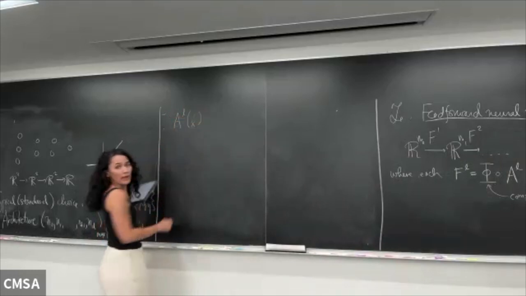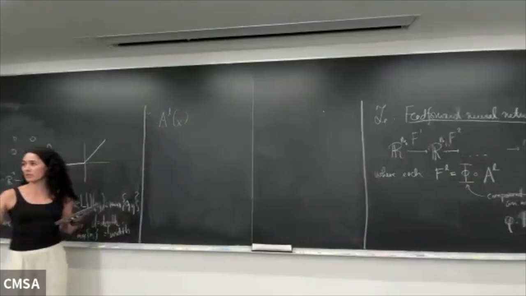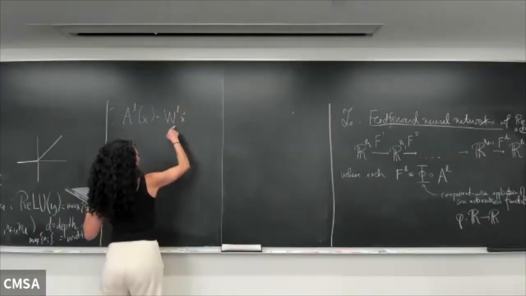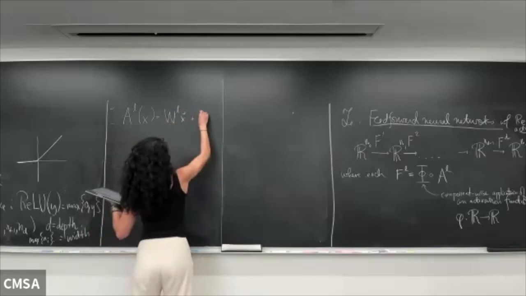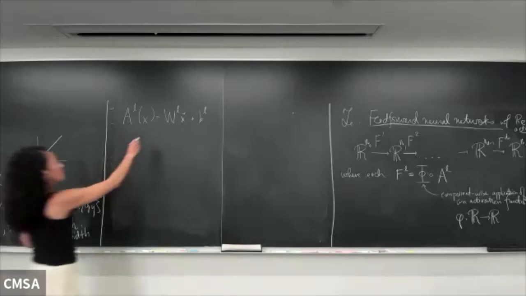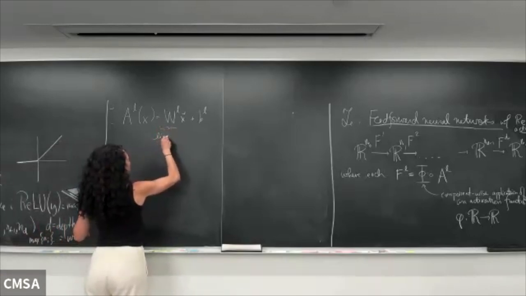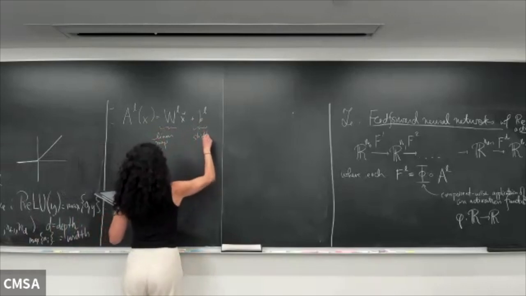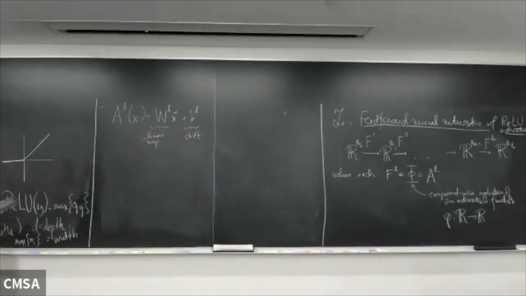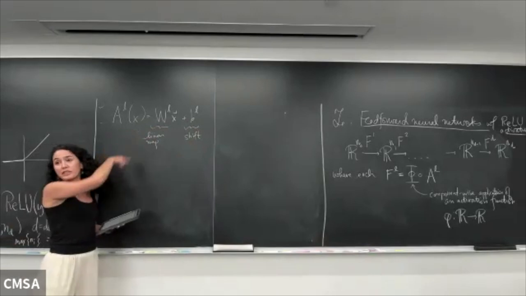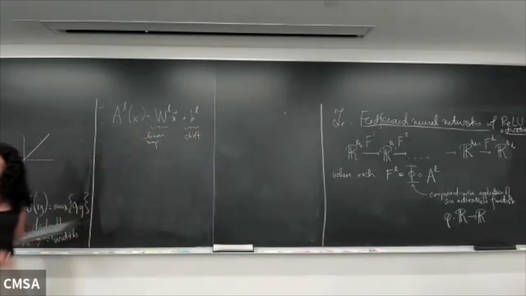This is the ell-th layer map, the affine linear map associated to the ell-th layer. And so you multiply by a matrix and then you add a vector. And so the parameters of this parameterized function class are all of the entries of these matrices and vectors.